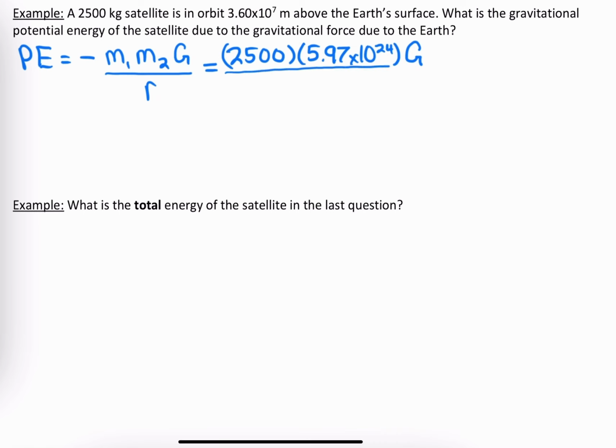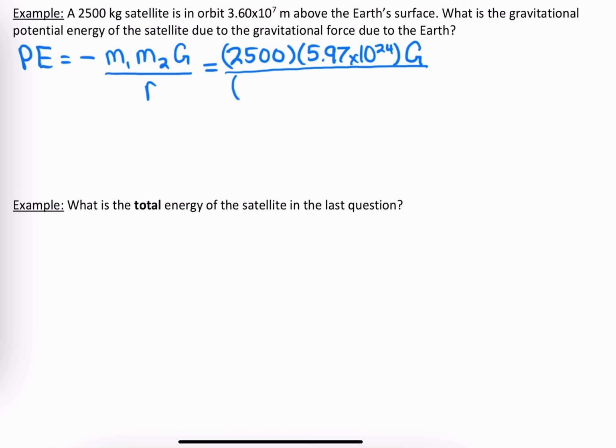I'll just write the symbol for it. And R. So R is the distance from the center, or from the center of gravity, if we're being specific. So if this is the height my satellite is above Earth's surface, then R is going to have to be that distance plus Earth's radius.